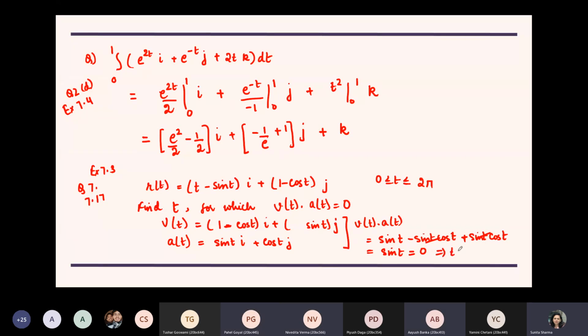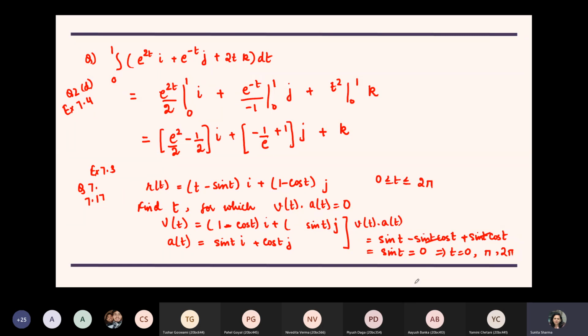0, pi and pi, 2 pi. Okay, so these are the three values. At these three values of t, the velocity vector corresponding to this curve will be orthogonal, or perpendicular basically, but we use the term orthogonal when we talk about the angle between two vectors being 90.